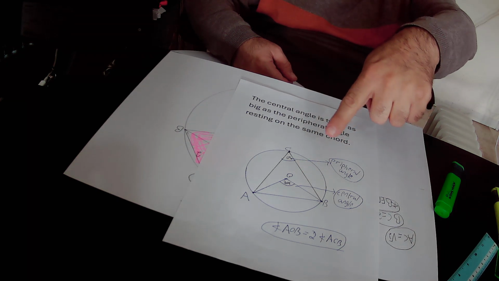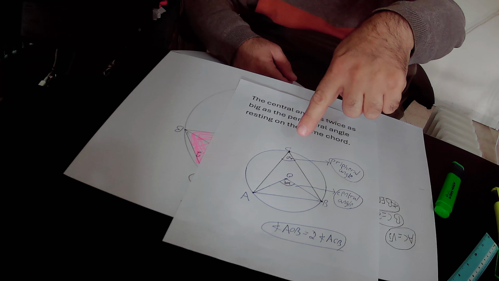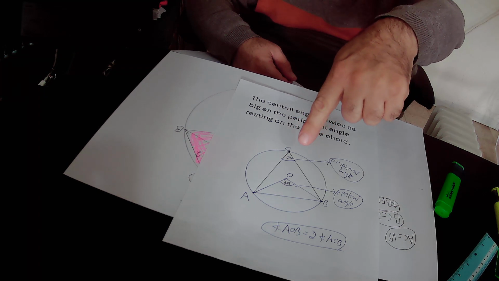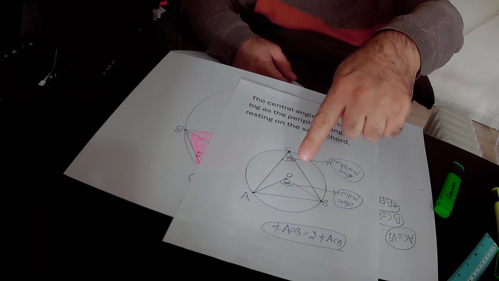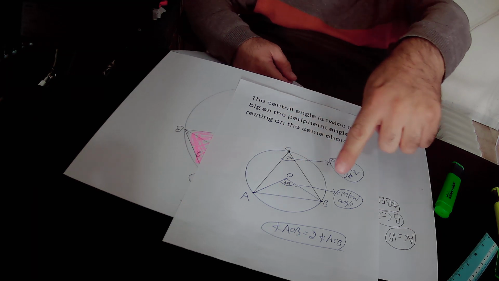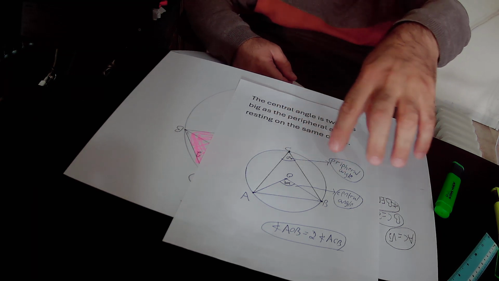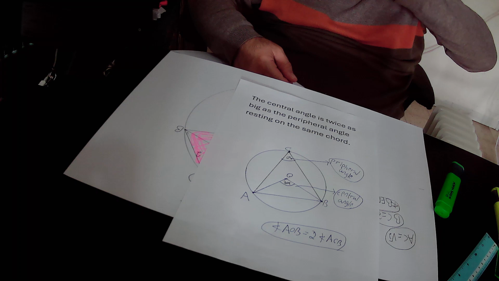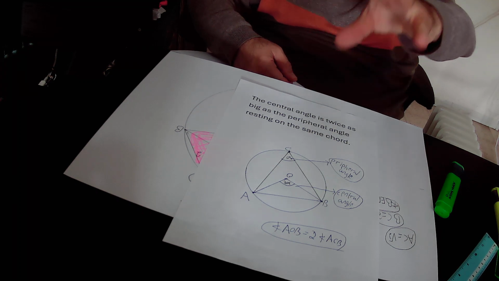Because the peripheral angle equals alpha, the central angle must be equal to 2 alpha. Why? Because both of those two angles are resting on the same chord. So always the central angle is twice as big as the peripheral angle that rests on the same chord.